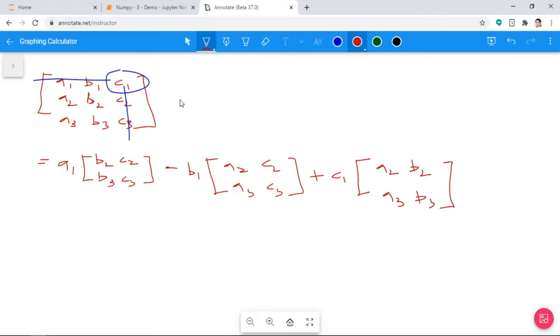So for example, let's solve based on our given. This one is 5, 3, 7. Let me correct this one: 7 and 2. Then we have negative 5, 8, negative 6, 4, 9. Let's do this one. Our A1 is 5.